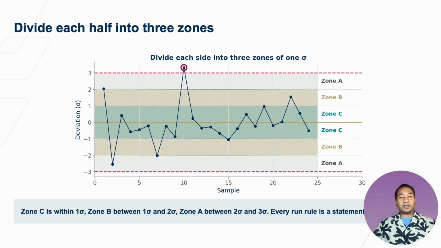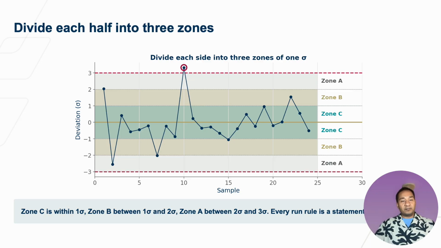To state the rules, we need a vocabulary, and it is simple. Divide each half of the chart into 3 bands, each 1 sigma wide. Zone C is the closest to the center line, within 1 sigma, zone B is between 1 and 2 sigma, and zone A is between 2 and 3 sigma. There is a zone A, B, C on each side, so 6 zones in total, and the rules refer to them by name.